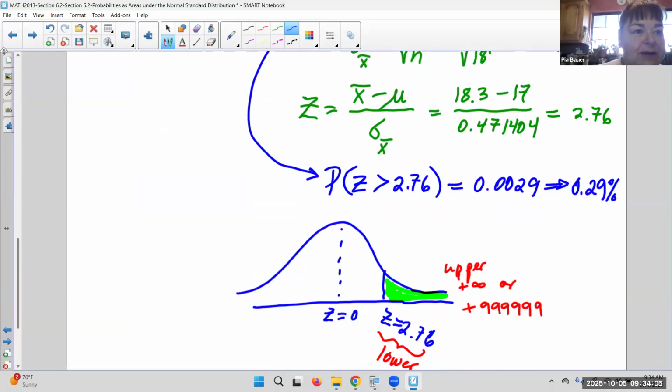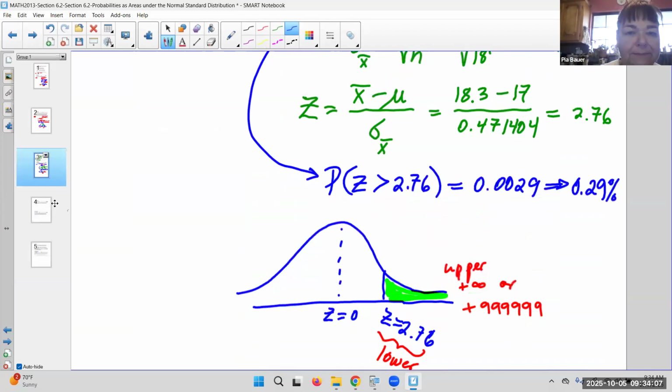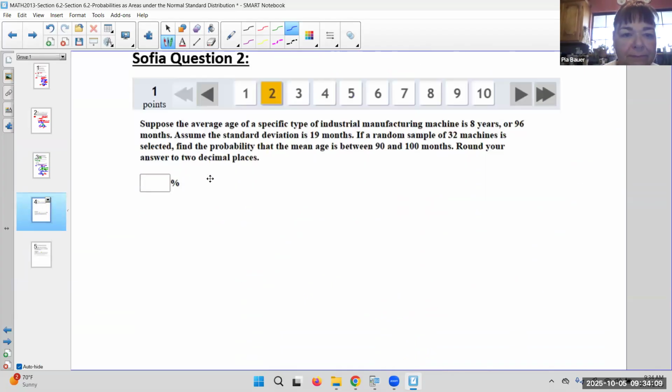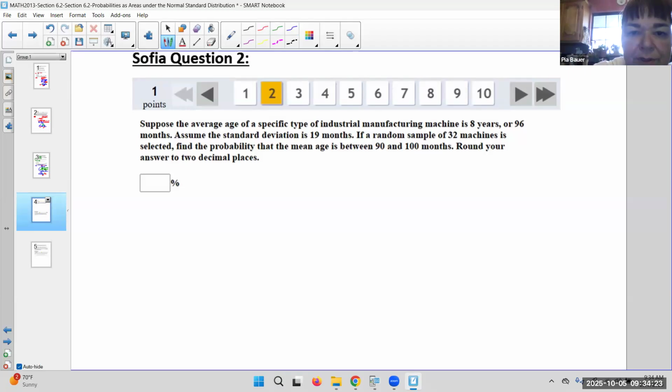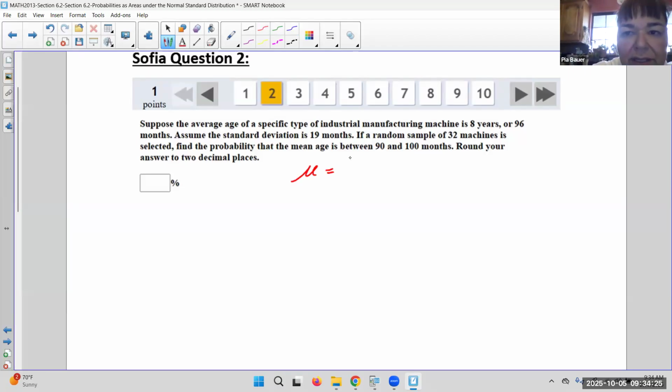Okay, so let's look at another example. Says, suppose that the average age of a specific type of industrial manufacturing machine is 8 years. So it says average age, so that's going to be mu. The population mean is 8 years, or 96 months.